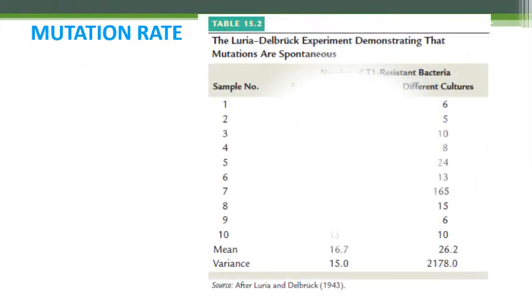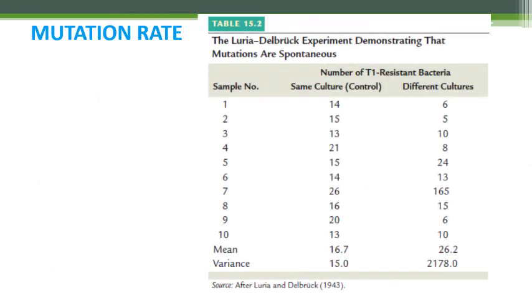Now, these are the actual results of Luria and Delbruck. As you can see, we have three columns in this table. The left column is simply the sample number, from 1 to 10.